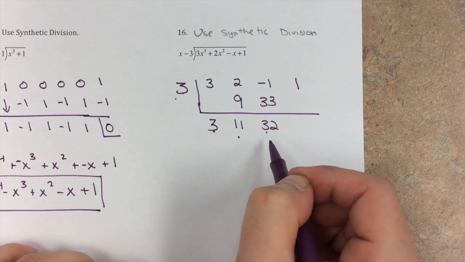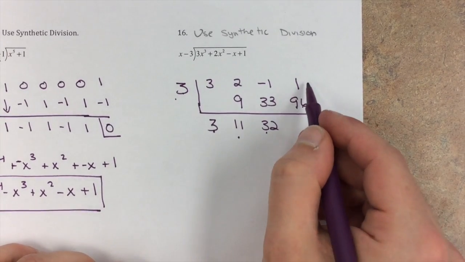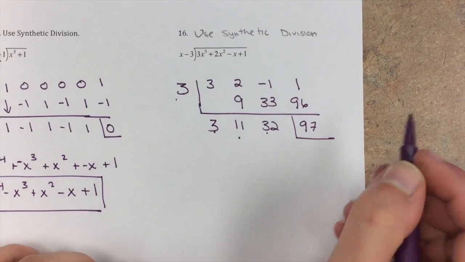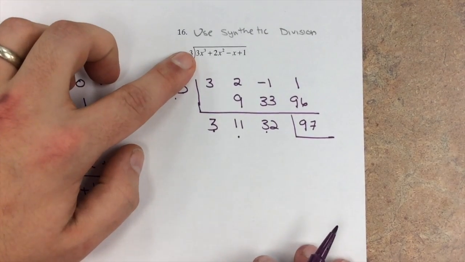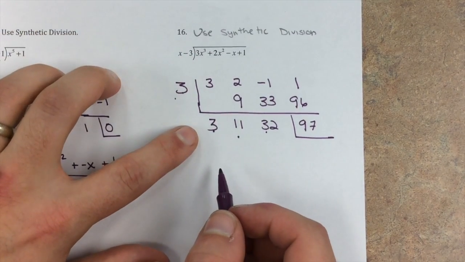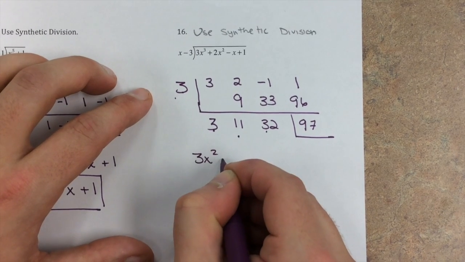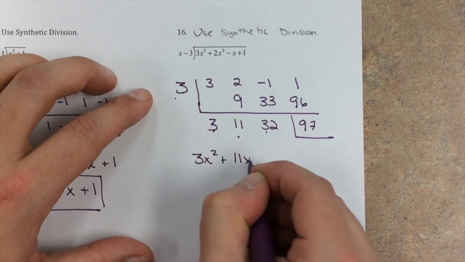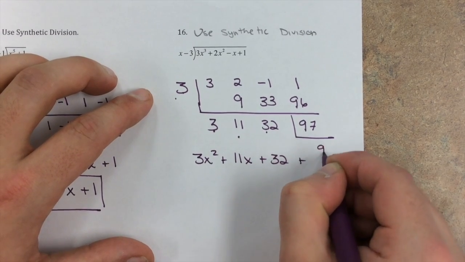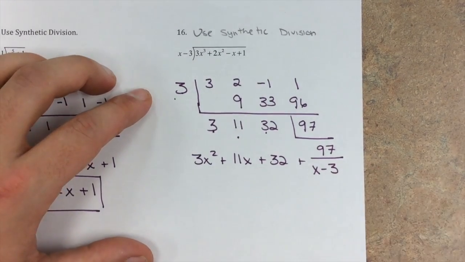Well, 3 times 3 is 9. 3 times 2 is 6. So that's 96. 1 plus 96 is 97. That's our remainder. So our x cubed term is going down by 1. So that means we're going to have a result of 3x squared plus 11x plus 32 plus our remainder, 97 over what we were dividing by, x minus 3.